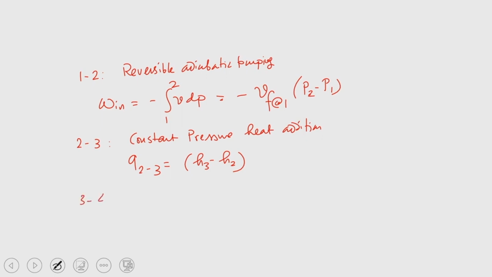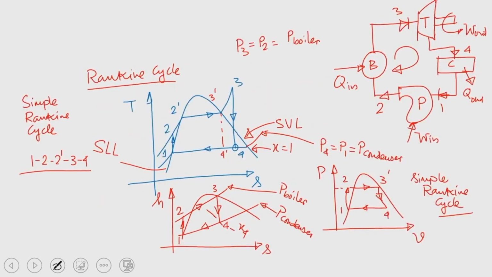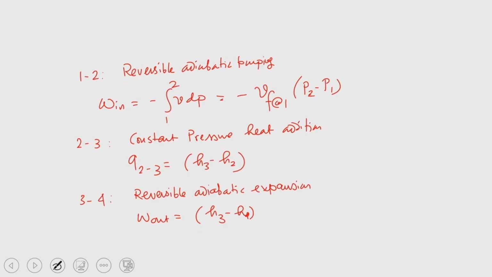And process 3 to 4 is reversible adiabatic expansion, and W out equal to H 3 minus H 4, right. So, this is reversible adiabatic expansion, H 3 minus H 4 or H 3 prime. I am writing 3 and 3 prime because I should write this as 3 prime, not 3.